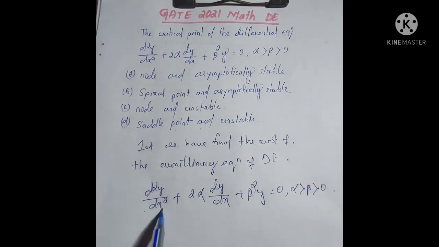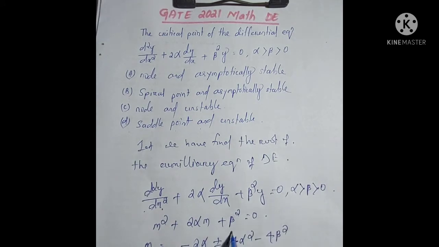Now for this differential equation, the auxiliary equation will be m square plus 2 alpha m plus beta square is equal to 0, and the roots will be m is equal to minus 2 alpha plus minus square root of 4 alpha square minus 4 beta square, divided by 2.